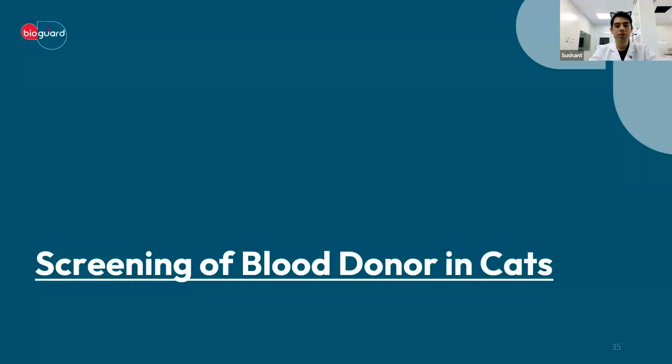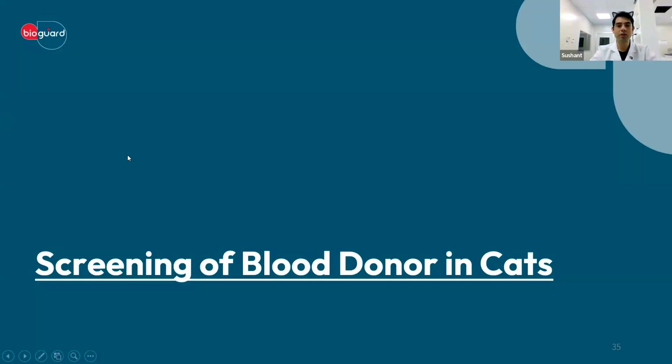So now we have a concept of what the blood groups in cats are, the prevalence of those blood groups in different regions throughout the world, as well as the factors affecting the transfusion of all three blood groups in cats.